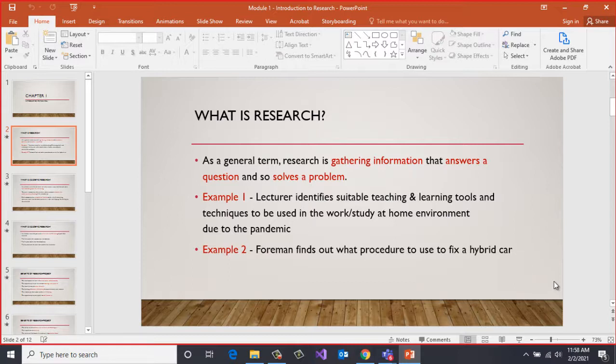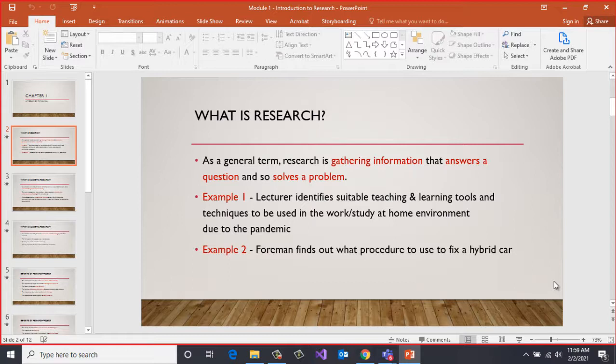Now similarly, for example number 2, the foreman just now. Let's say that particular foreman has been fixing hybrid cars every day. So he is an expert in fixing hybrid cars because he does that every day.